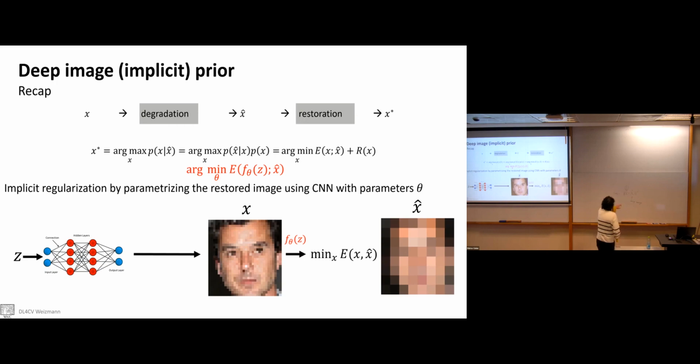Because you have this loss, and this loss is going to be 0 when x is equal to x bar. So eventually, after many epochs, that's what will happen. But when you do early stopping, you will go first through the natural image, and only then the noise. So if we keep going more epochs than we're supposed to, it will be noisy. Sure.